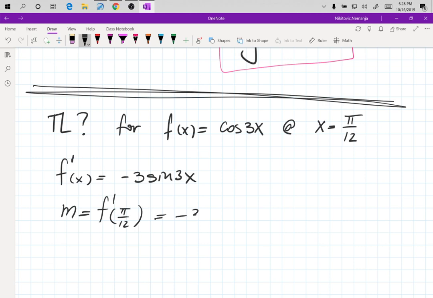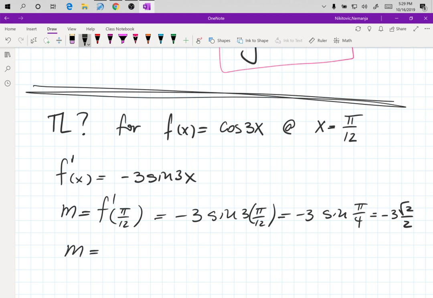So that's going to be negative 3 sine of 3 times pi over 12, which is negative 3 sine of pi over 4. Now, sine of pi over 4 is very good, root 2 over 2. And we have our slope as negative 3 root 2 over 2.